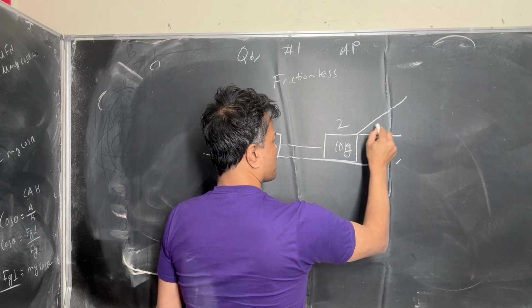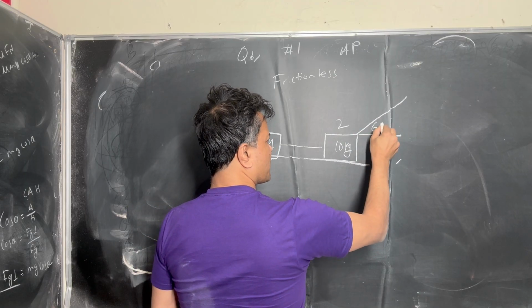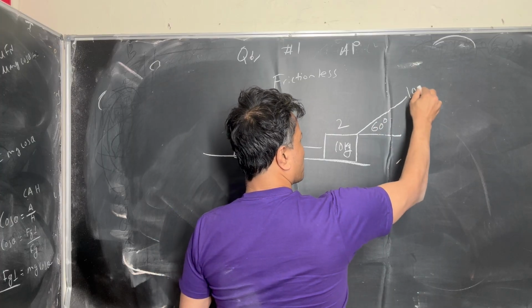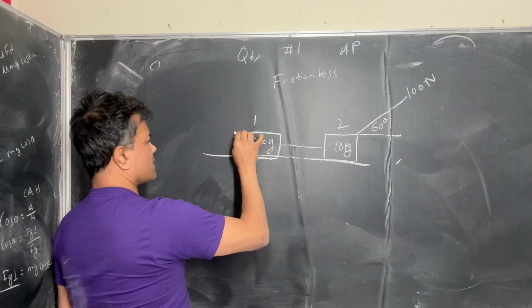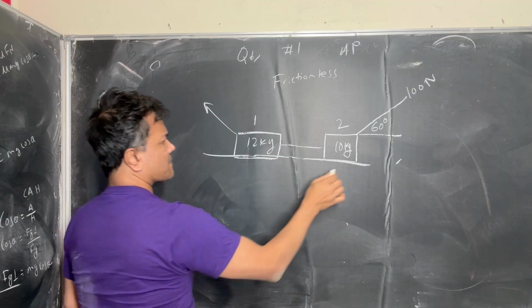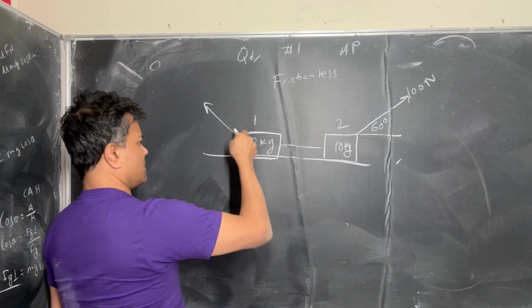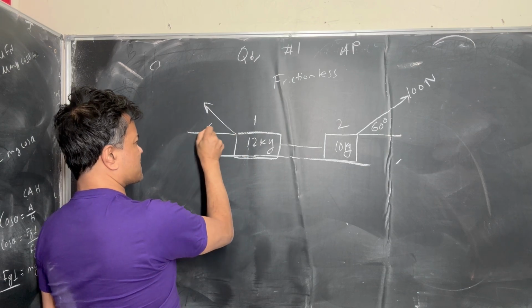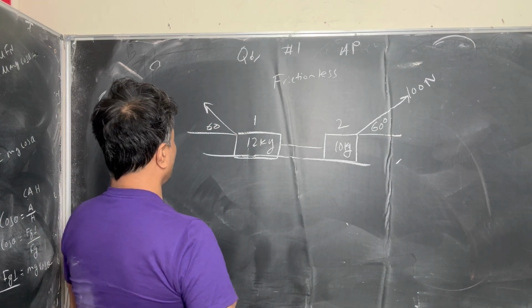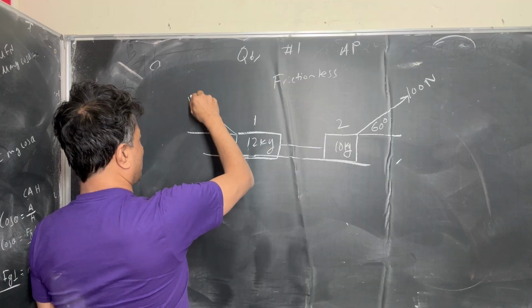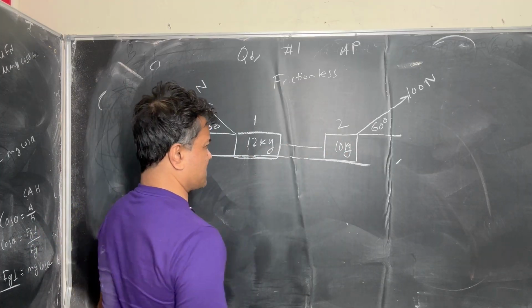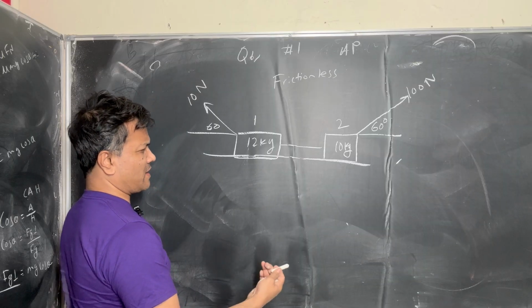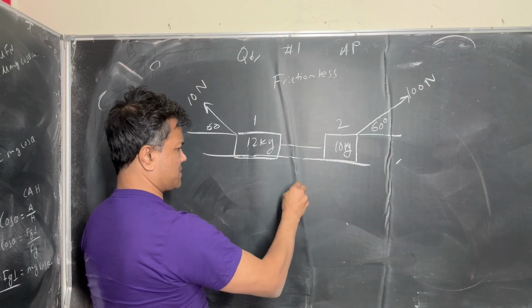Someone is pulling box number 2 with 100 Newton at 60 degree, and someone pulls box 1 at 60 degree northwest applying only 10 Newton. So we see that the box is going to accelerate in this direction. We want to find the acceleration of the system.